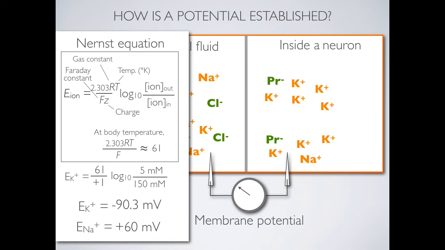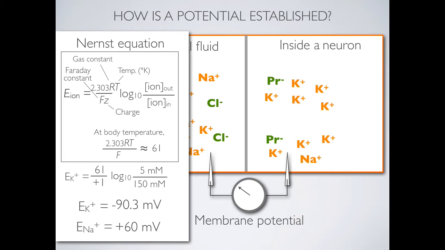Whereas sodium is exactly the opposite. For sodium, we go from a low concentration, very few positive charges on the interior. Then we move from inside to outside, and we have a jump up in positive charge. Therefore, sodium yields a positive equilibrium potential. Mathematically, it just has to do with whether your ion is in the numerator or the denominator. If you flip them around, you get a flip in whether your number is positive or negative.